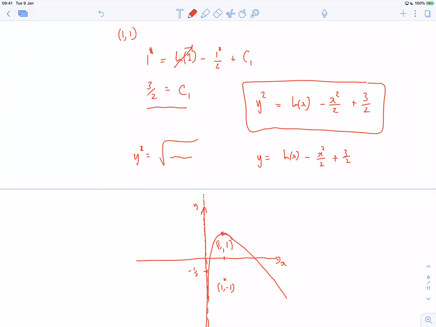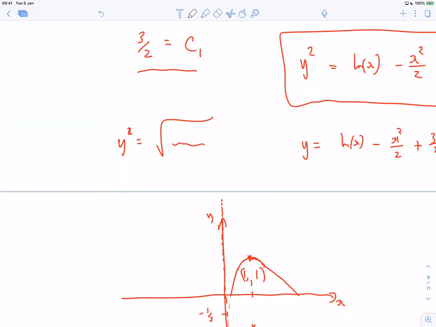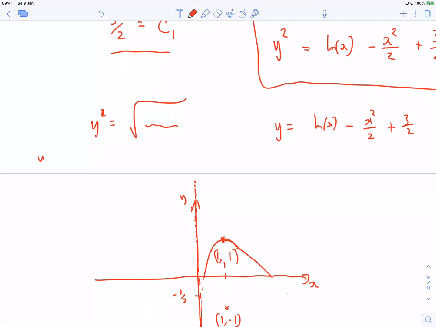And now we've got a problem. What's going on? Well, in actual fact, we can't have any more of these things being negative. It's not going to behave like that anymore. What's actually going to happen? Interesting. Well, do you agree that for a y value of, say, a half, and a y value of minus a half, they're both going to have a y squared value of a quarter.